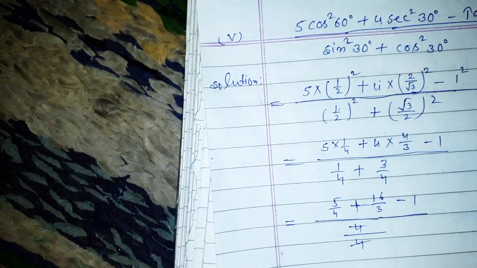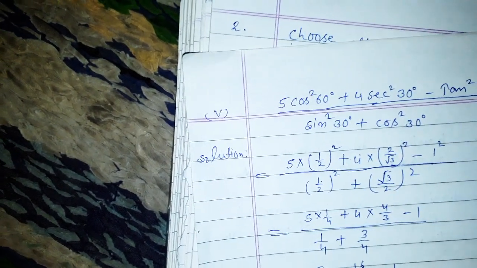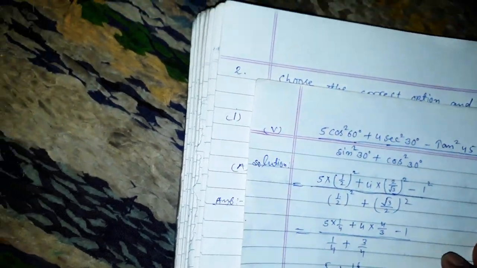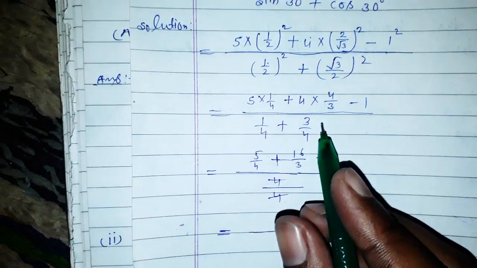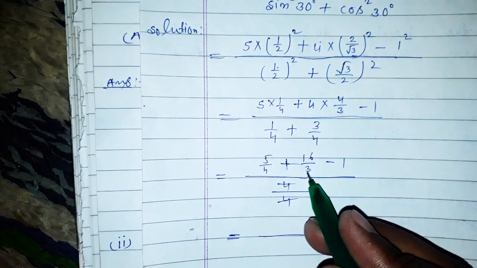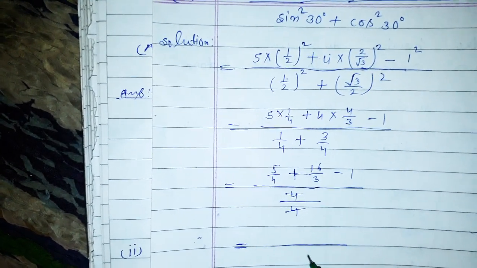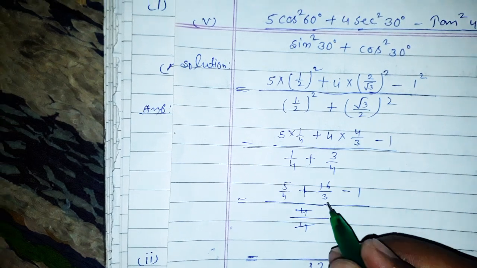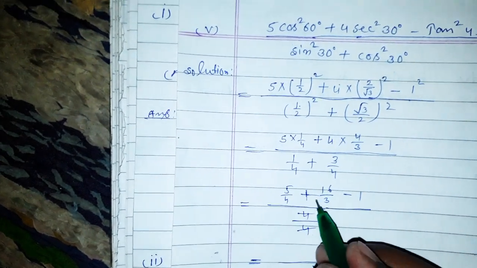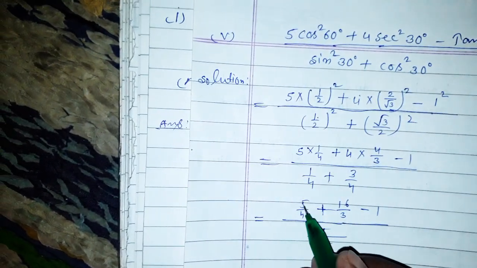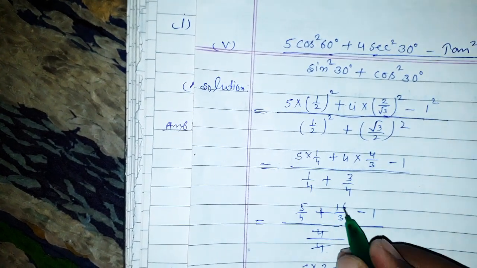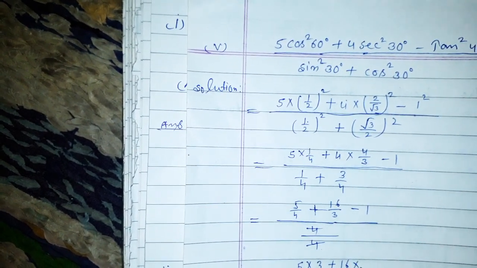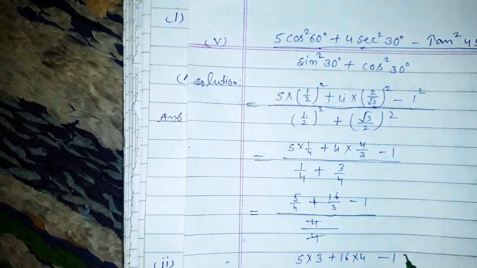LCM is 3 into 4, means 12. So this is 5 into 3 plus 16 into 4 minus 12.